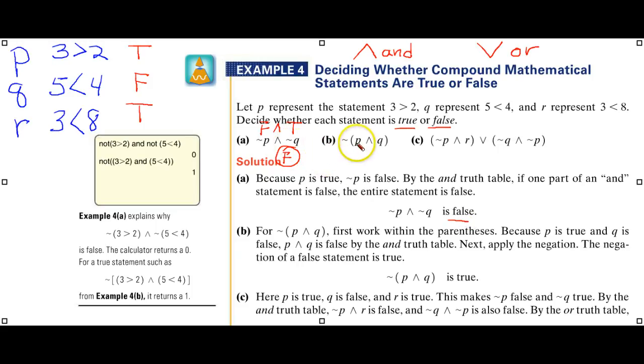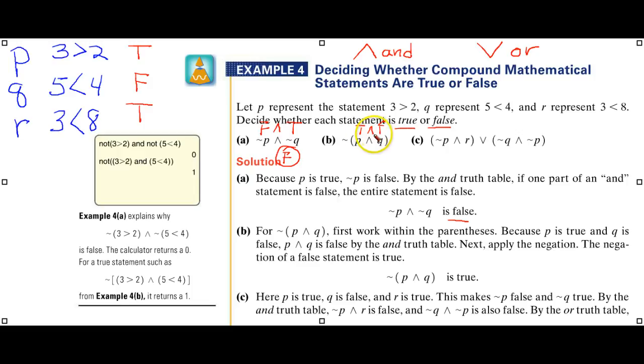Now, we have to do what's in the parentheses first. P, we said, was true. Q, we said, was false. So, internally, is this true? Well, it's a conjunction.